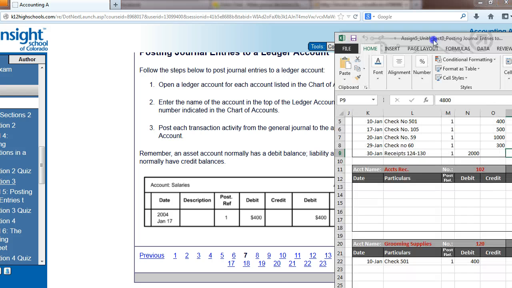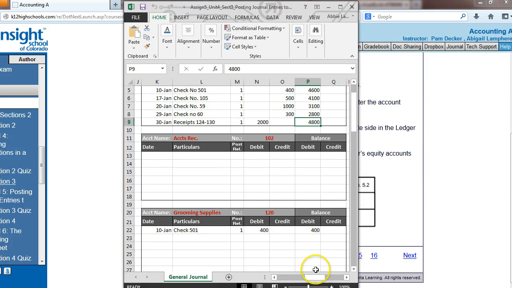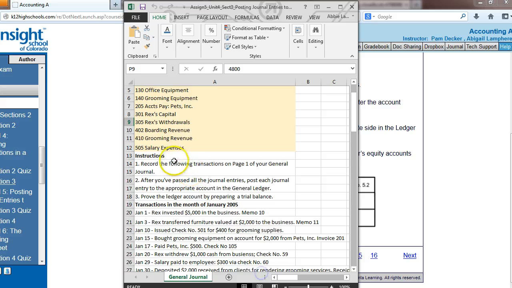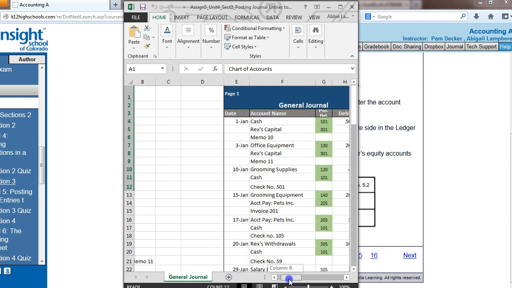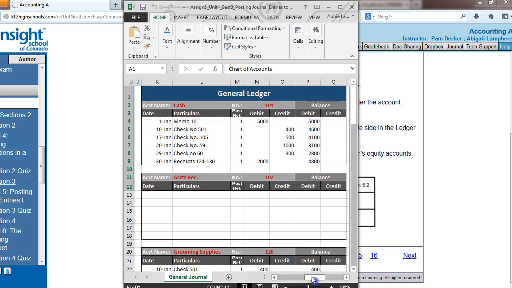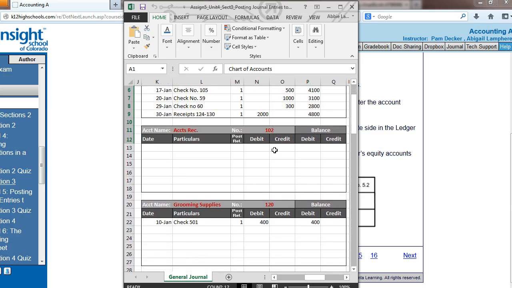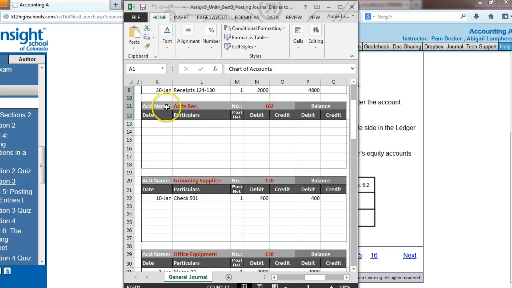So this is kind of looking ahead to the next assignment, but this is our chart of accounts, okay? And then you open a ledger for each of those accounts. So we have a ledger open here for each of the accounts. We have the account name and account number, and then this post reference column.